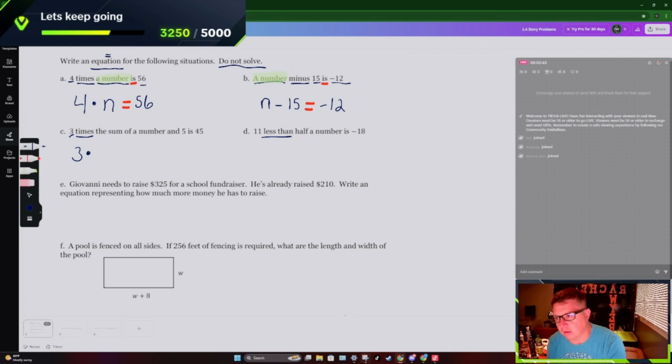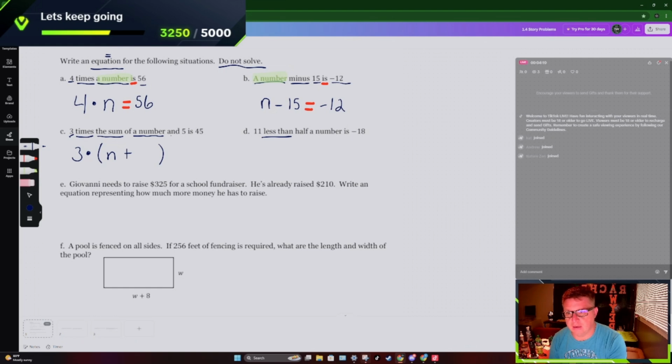Now, here comes something tricky. The sum. So we need to add. And when we do this, what we need to do is think about doing the sum of something. So we want to put together 2 things. In order to do that, we have to do the parentheses. All right. So the sum of a number.